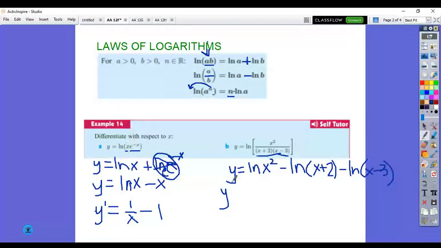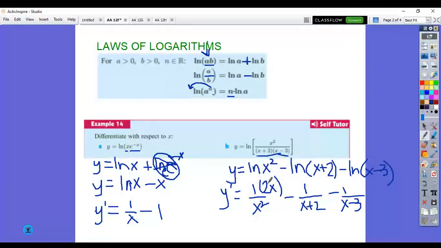So then y prime is 1 over x squared times the chain rule. Derivative of x squared is 2x, minus 1 over x plus 2, minus 1 over x minus 3.